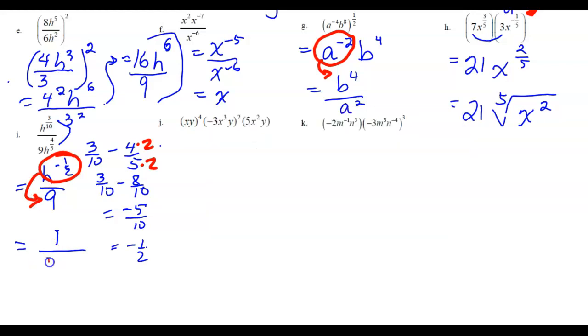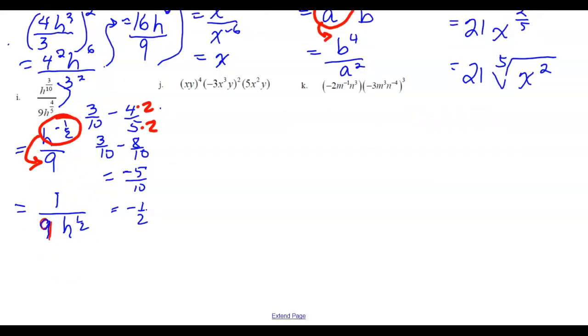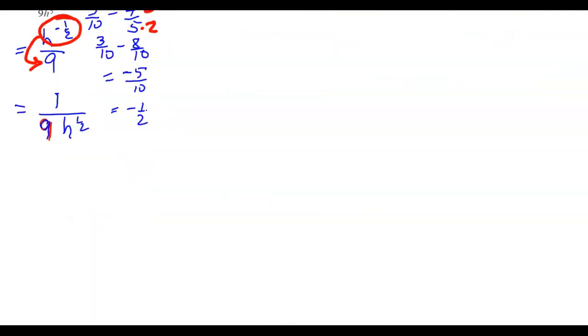So this is going to be 9 h to the 1/2. So that is simplified. That's in exponent form or power form. In radical form, that would be 1 over 9 square root h. Okay, so either one of those.